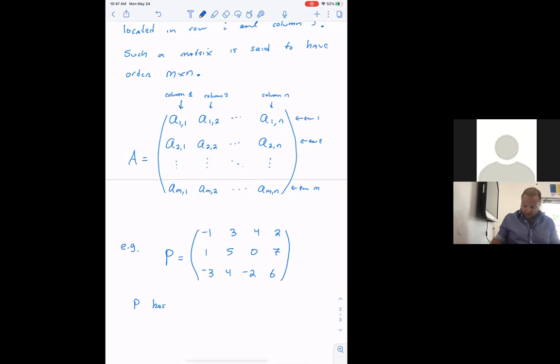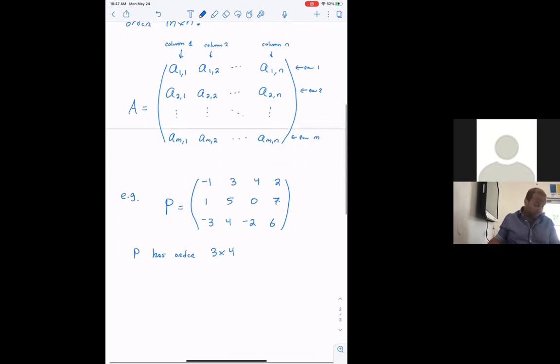So P has order 3 by 4, 3 rows, 4 columns. And in particular, P sub 2,3, the second row, third column entry of matrix P, is the number 0. So that's what a matrix is.